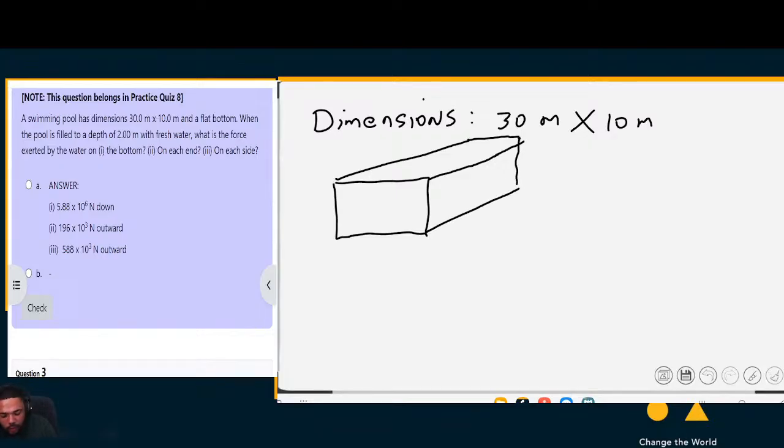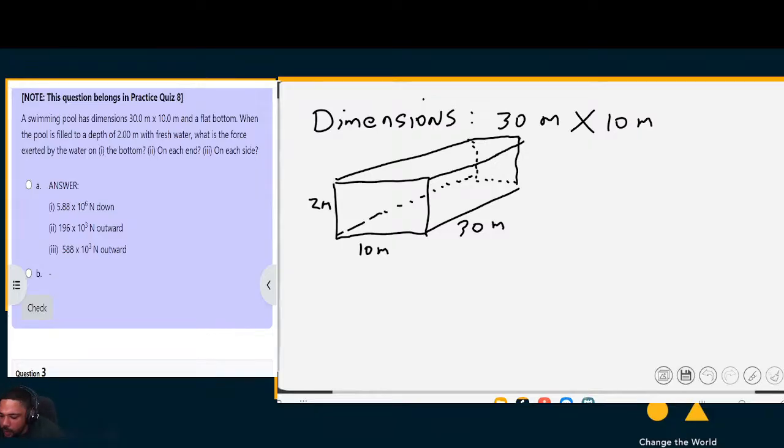You have that it is filled to 2 meters. It has a width of 10 meters and a length of 30 meters. Okay, this is how I picture this pool.